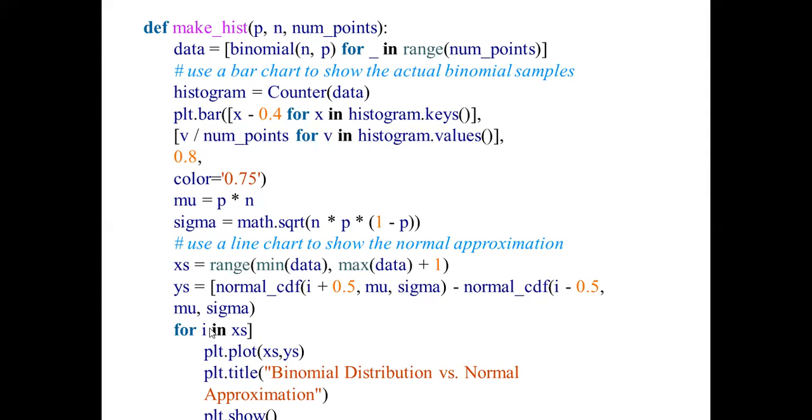By using the for loop, we can plot the xs and ys, and then the title will be assigned. So take a look at these functions, and then I will show you the graph.